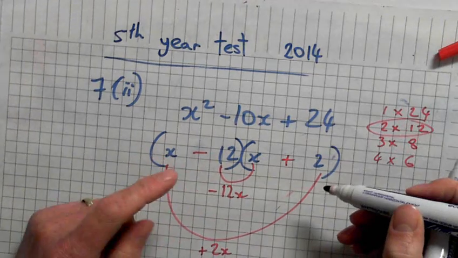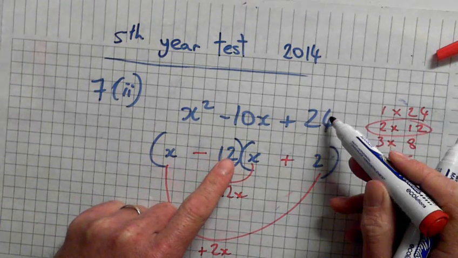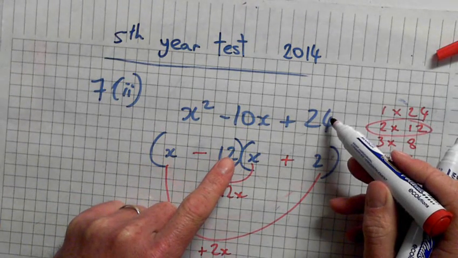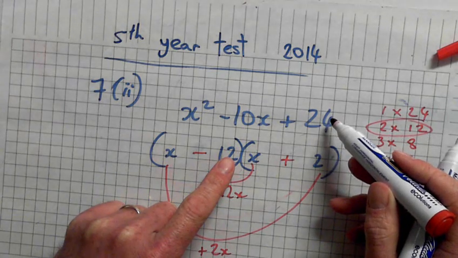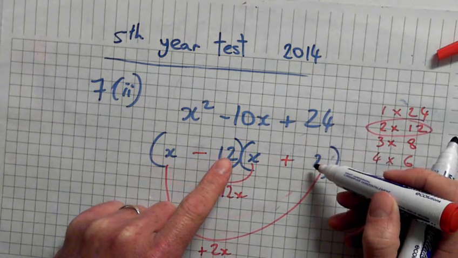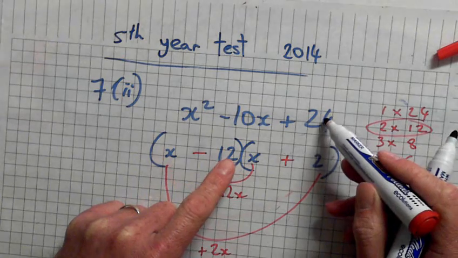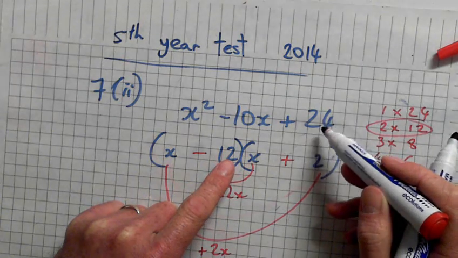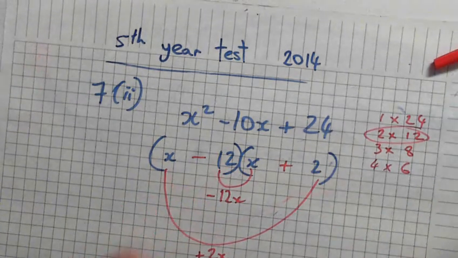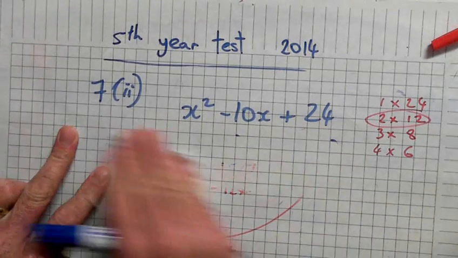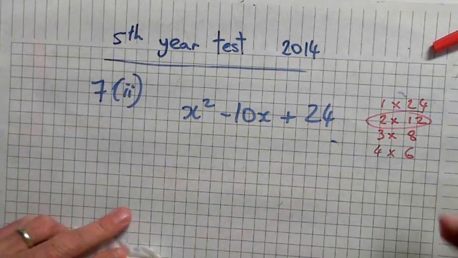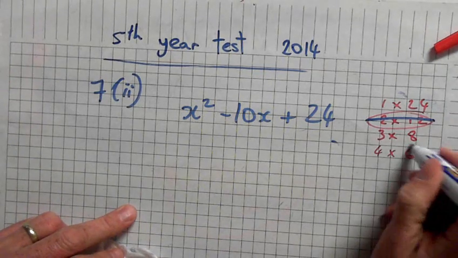Now the last test is multiply these two, do I get plus 24? If I multiply minus 12 times a plus 2, I don't get a plus 24, I get a minus 24. So 12 and 2 don't work.